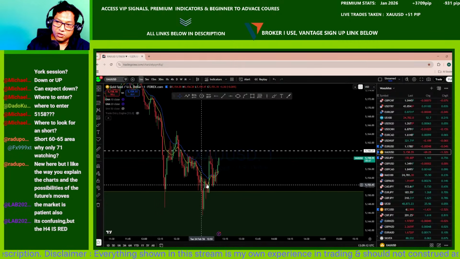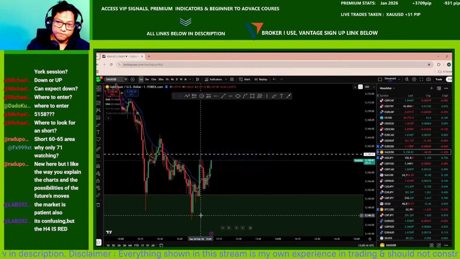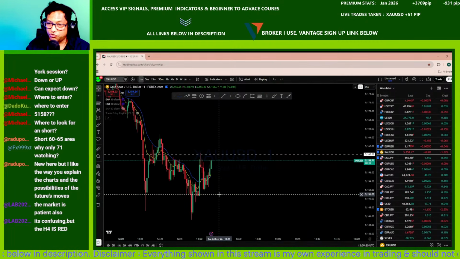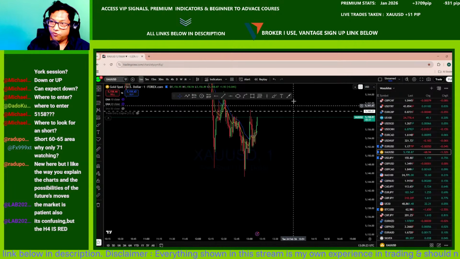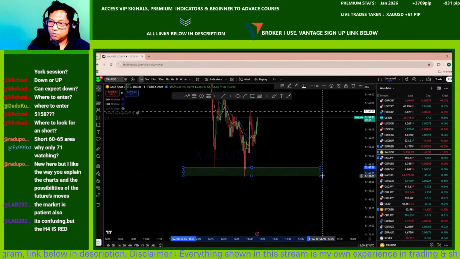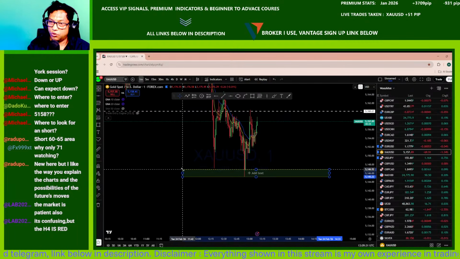And if you look at here, you can see the market structure that has formed here is very interesting, and it penetrated back below from this support. So if you look at here, this is a key support level.